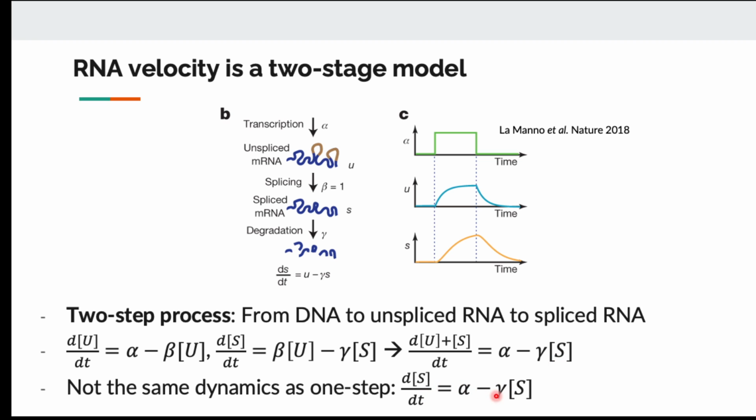But in our prior simple one-step model, this expression describes the change in only the spliced form, which has the degradation. As a two-step process, it actually combines both the unspliced and the spliced form. And the unspliced form is hidden from us in the simple model, so we will not see this type of dynamics.